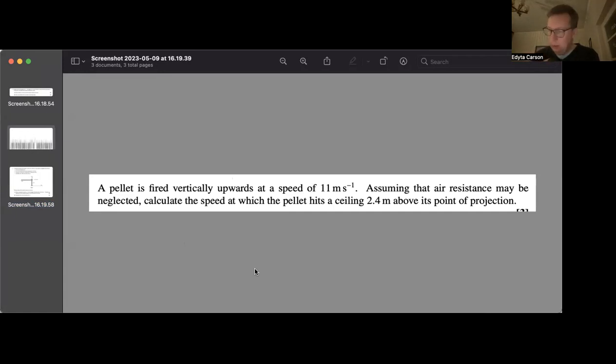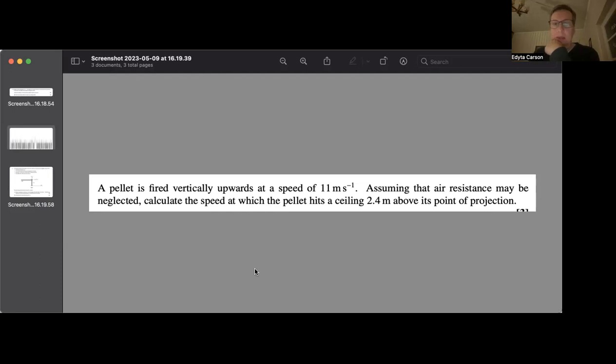Let's make a note of those numbers. So we've got vertically upwards at 11 meters per second, and I want to know what speed when s is equal to 2.4 meters above.